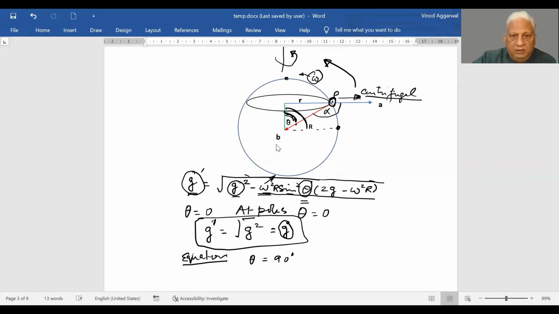If theta is 90, then we know g dash will be g square minus omega square R, since sin square theta will become 1.